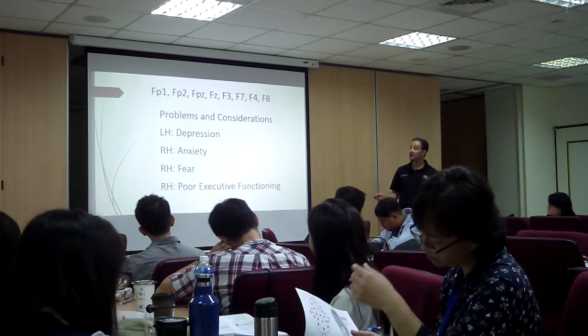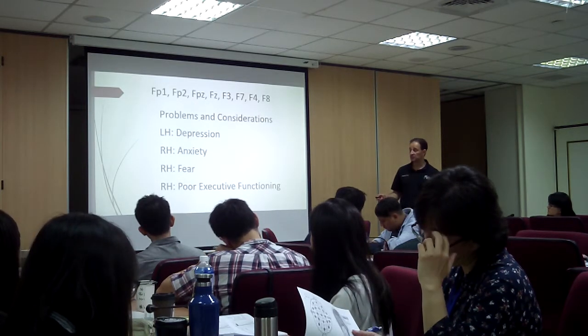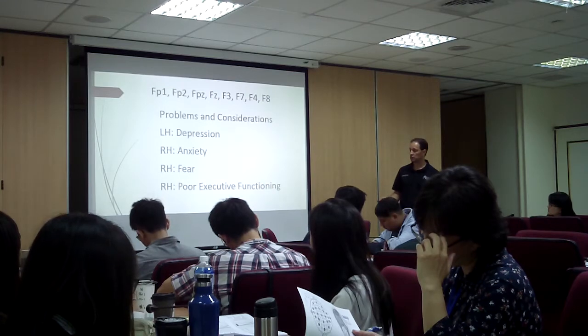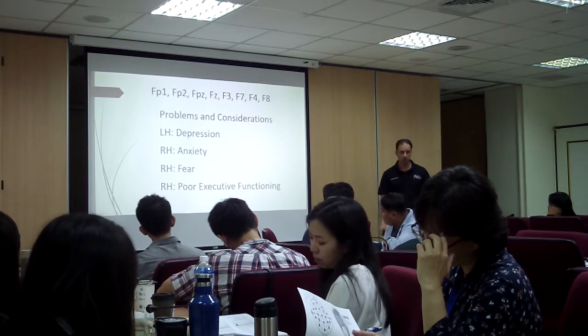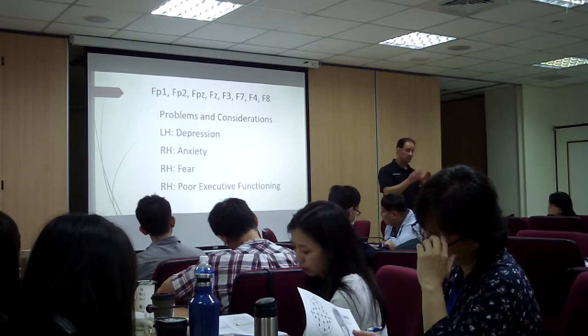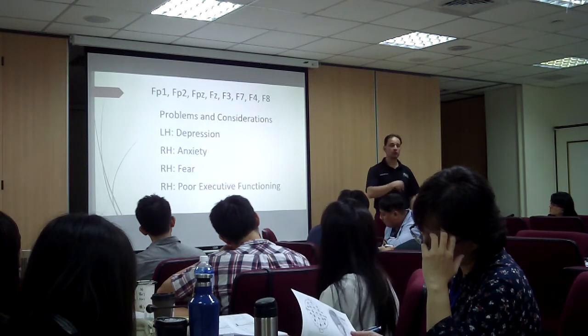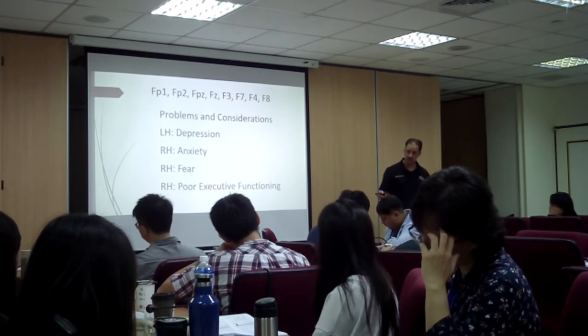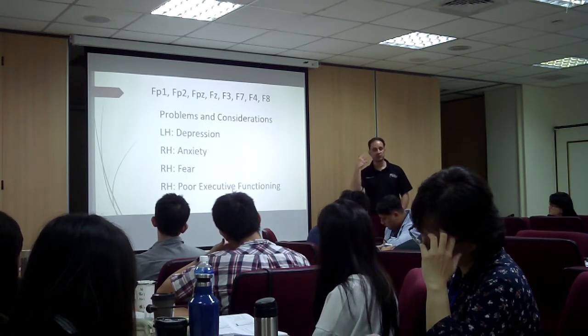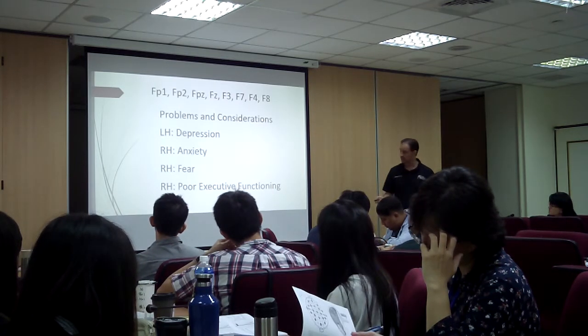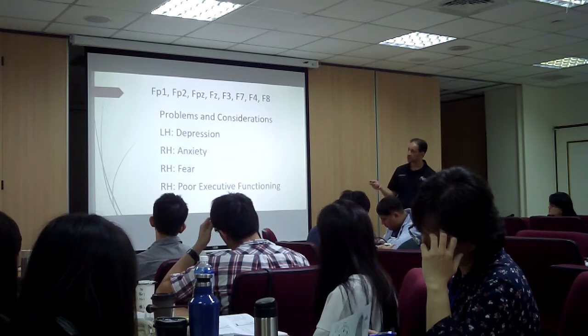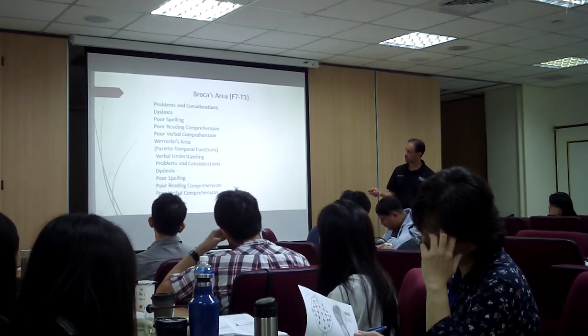Anxiety on the right hemisphere, and the same with fear on the right hemisphere, and also poor executive functions. So planning something, starting something, not finishing it, trying to do many things at the same time, being disorganized, all those things are executive functions. So that's the problems and considerations of that.